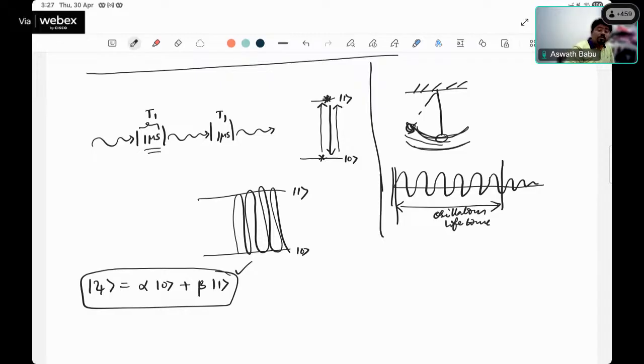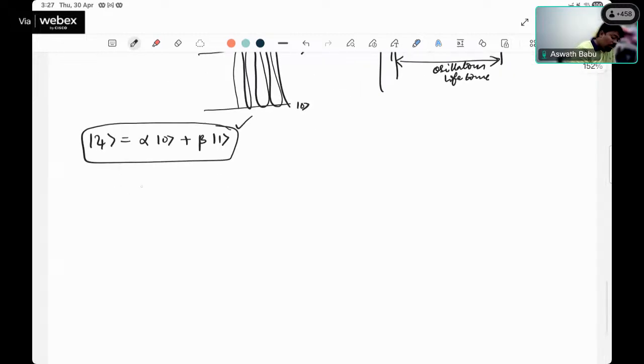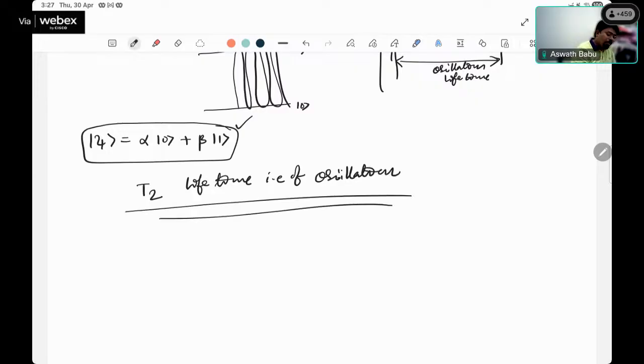How long it exists in that superposition state, how long it keeps making oscillations, this lifetime of existing in both ground and excited, that is called T2, the oscillation lifetime.